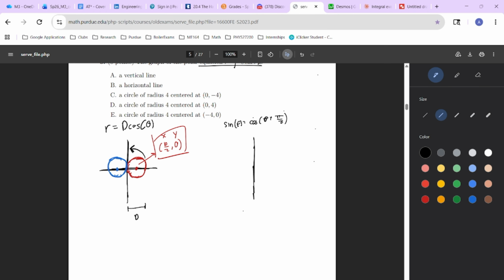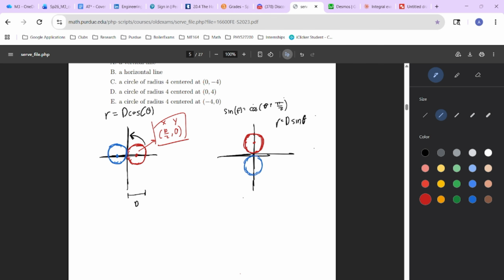Which means that a circle of form r is equal to d sine theta would be a circle spanning out into the y-axis, above or below the x-axis, and the same principles apply, where d is the diameter of the circle, and that the circle is centered at some point 0 comma d over 2 or 0 comma negative d over 2, whatever, right?